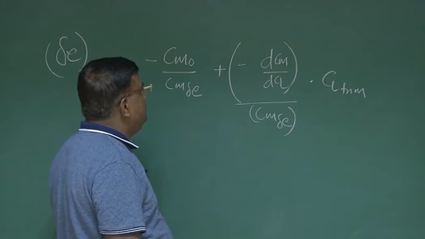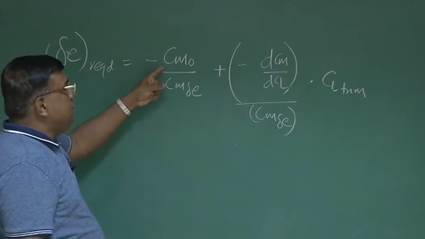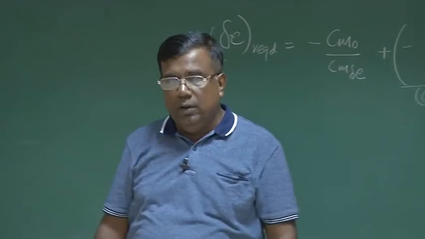Try to understand this expression. What was Cm naught? Cm naught was the pitching moment at alpha equal to 0.